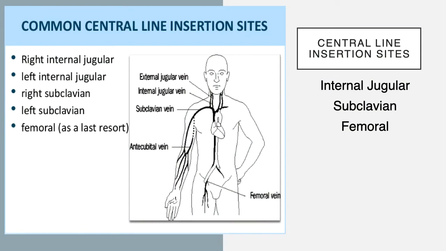Internal jugular, subclavian, and femoral sites are the most common sites for central line insertion. A pneumothorax is a complication from a central line insertion, and that usually happens when the insertion site is in the jugular or subclavian areas. Make sure that whenever you have a patient with a central line, you are flushing all of the ports that are not in use.